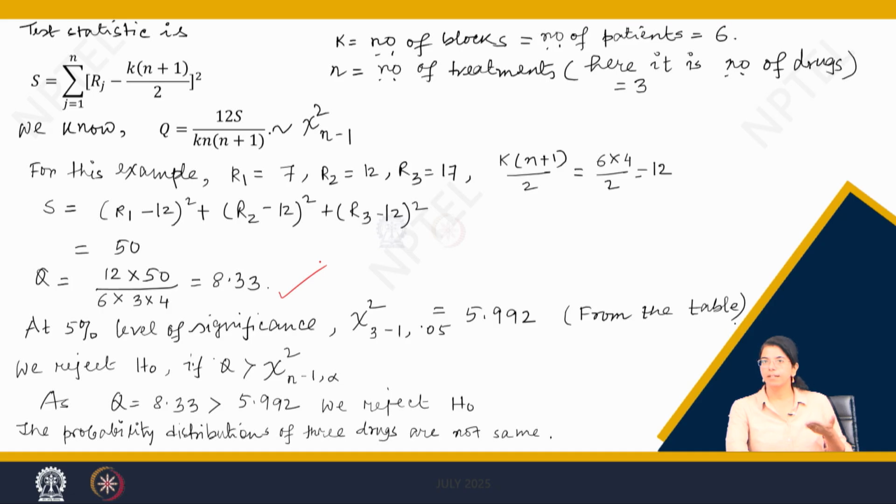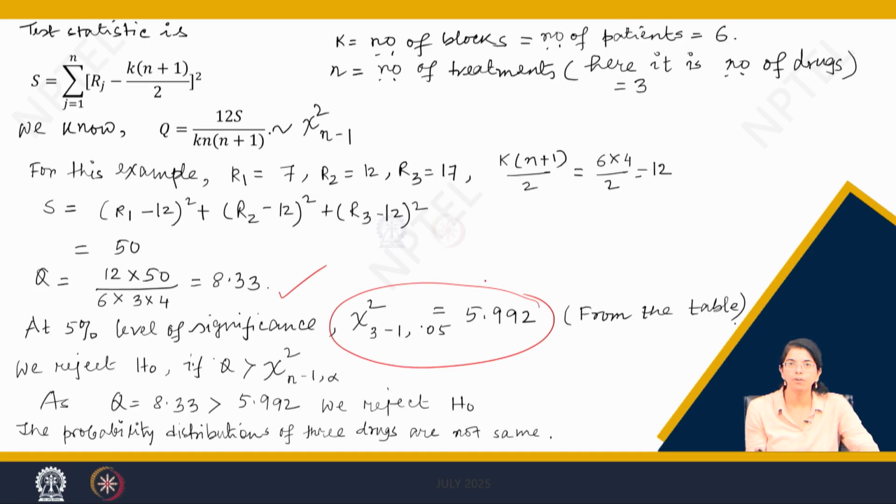N is the number of treatments, right? So what is n here? How many drugs are you dealing with? 3 drugs. So 3 minus 1, that is the degrees of freedom of chi-square.